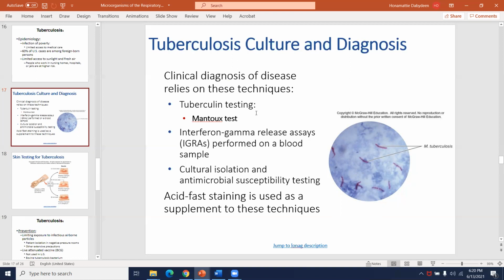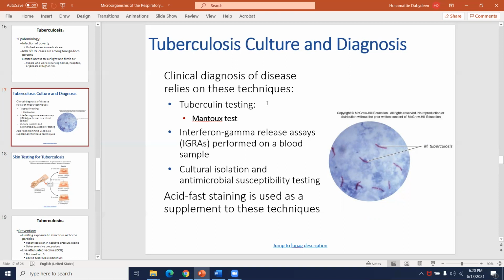Sometimes you can do a blood test, the interferon gamma release assay test. You do that from blood. What you're looking for in the blood is T cell activity, because T cells are very much involved.